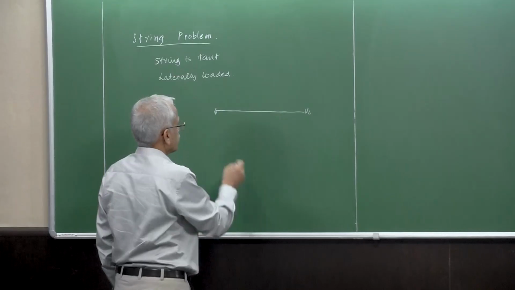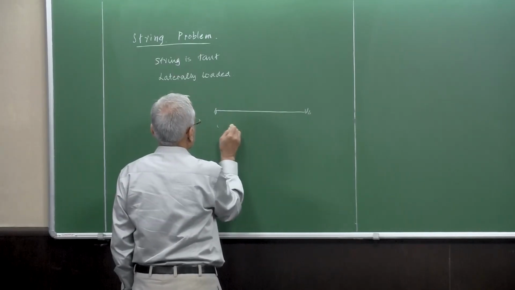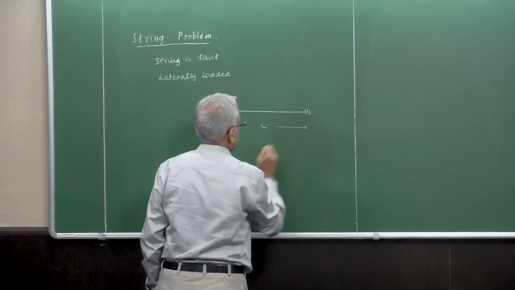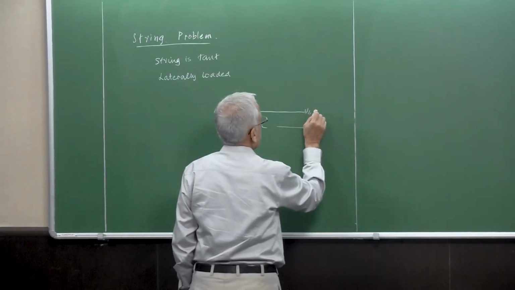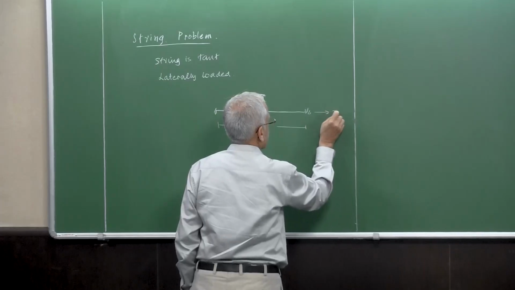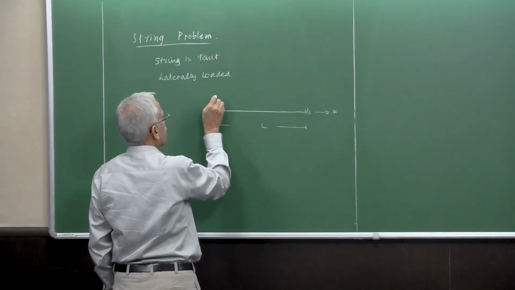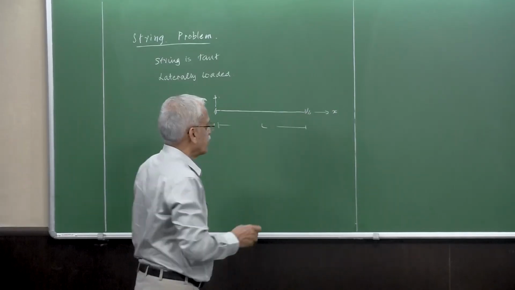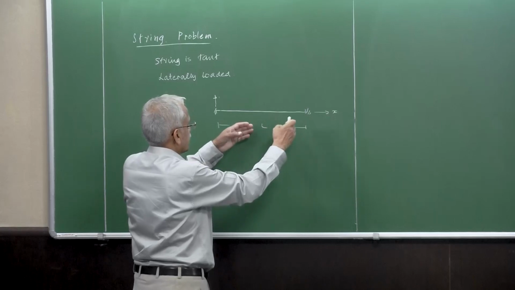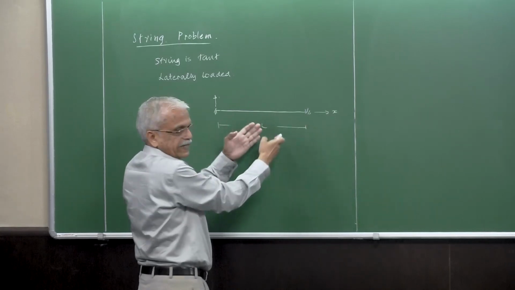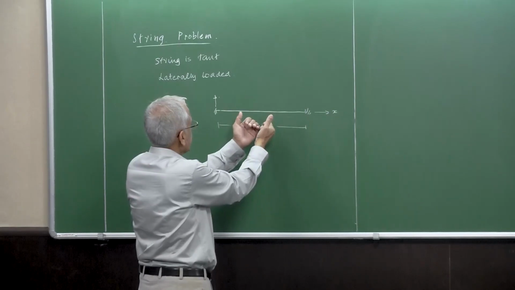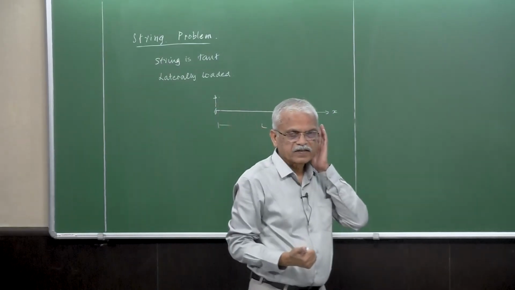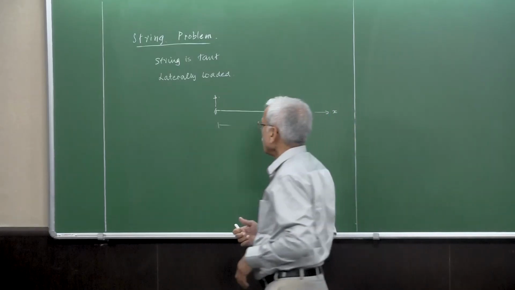like this one, between two supports here. So let us say a length of L. The taut string, what we mean is that the string is not really L, it is slightly smaller than L, and then it is slightly stretched so that it is fixed at the two ends.